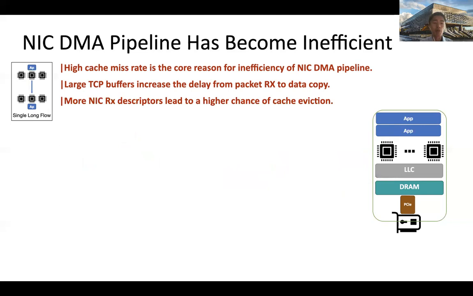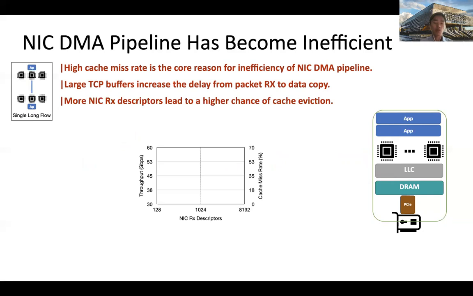The second parameter is the number of NIC Rx descriptors. This is the number of frames that a NIC can DMA packets into before they need to be replenished by the driver in software. We find that as we increase the number of Rx descriptors, the cache miss rate increases and the throughput reduces.